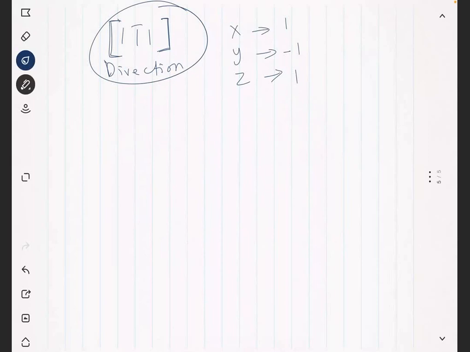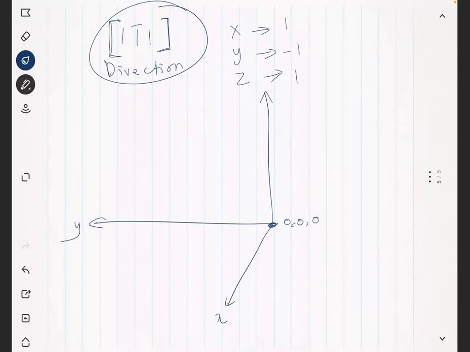Okay, this is origin. Okay, x positive, y negative, and z positive.